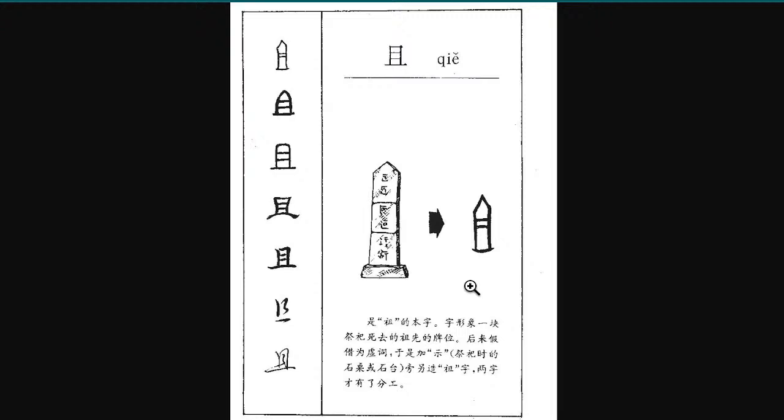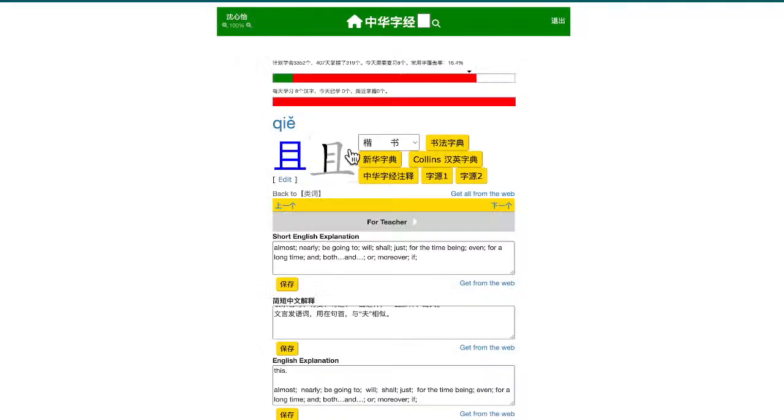That's 祖. 且 is the original character for 祖. Of course, later on they added an altar radical on the left to represent this meaning, ancestry, and then 且 was gradually used as a special character for grammatical purposes. So this is 且.